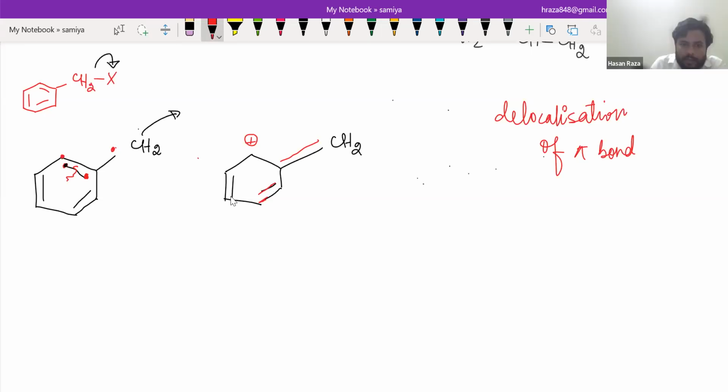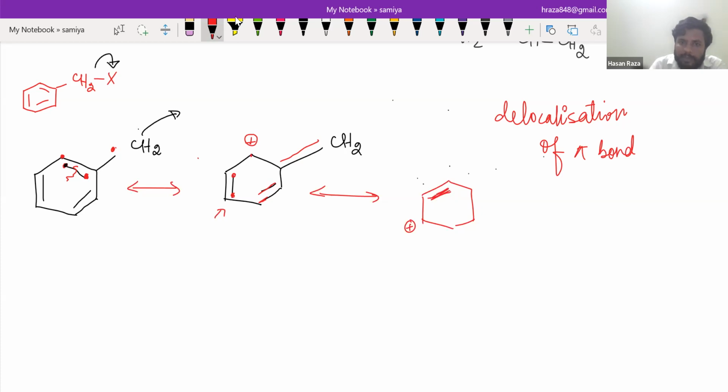Now see, again there are two electrons in this bond. This electron will be transferred to this, so here there will be a positive charge. Since this carbon is giving its electron, there will be a positive charge, and it goes to this carbon, so there will be a double bond.